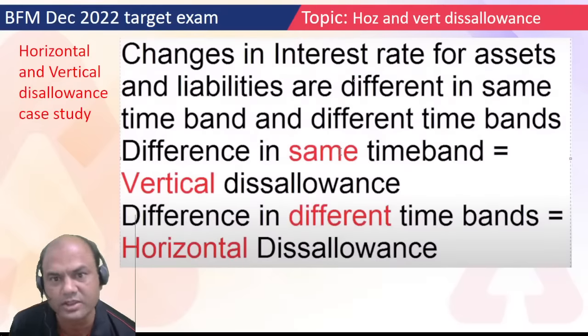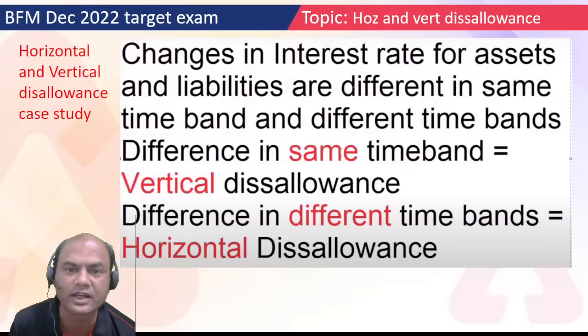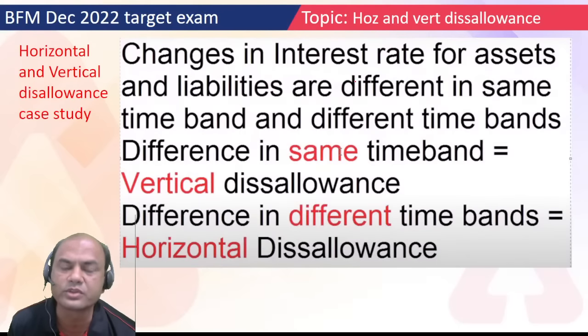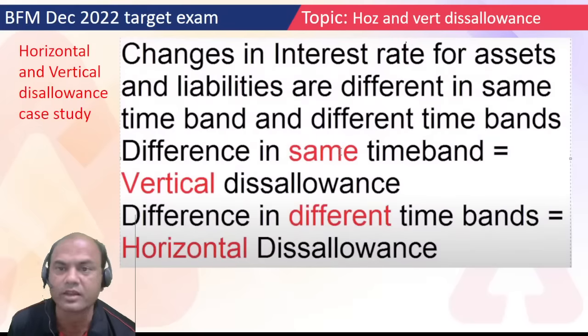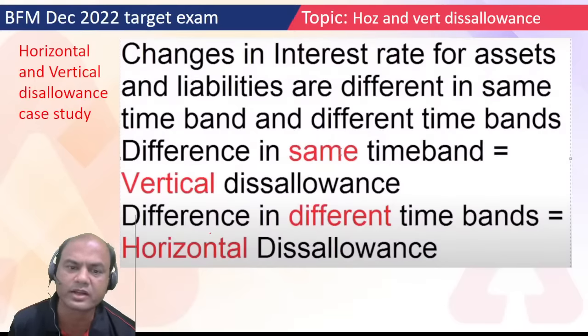What do you mean by allowance? Once you understand it, only then you should target this topic. Remember, in June they had asked 1 or 2 questions on horizontal and vertical disallowance. Very difficult one. Many of you might have read something about this in the books, right? Has anyone read about horizontal and vertical disallowance? Yeah.